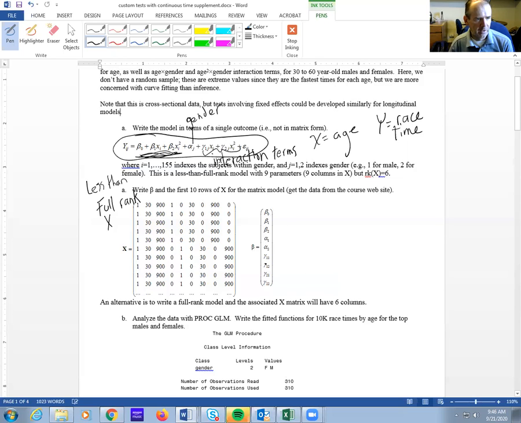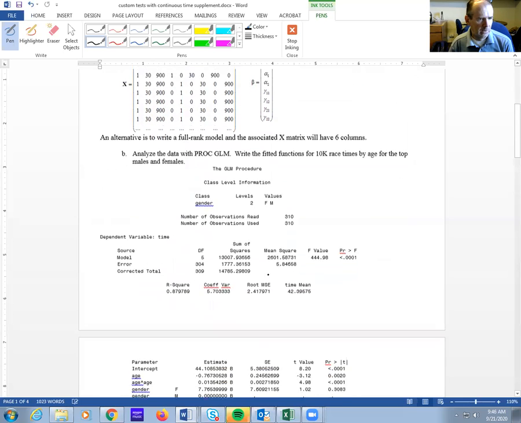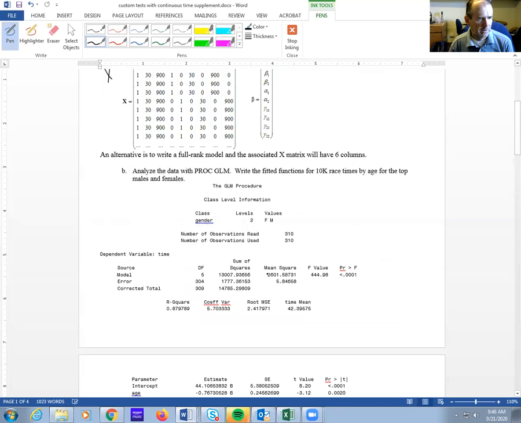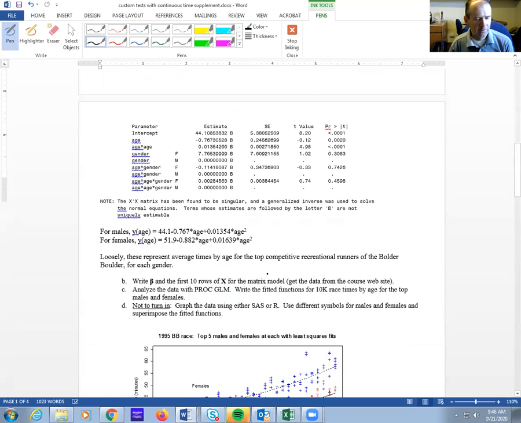We have our beta vector, and so you can fit the model. And then I had asked this as a previous homework question. You can take this information from your parameter estimates and actually write out what the quadratic equation is that applies for the men, and what the quadratic equation is that applies for the women.